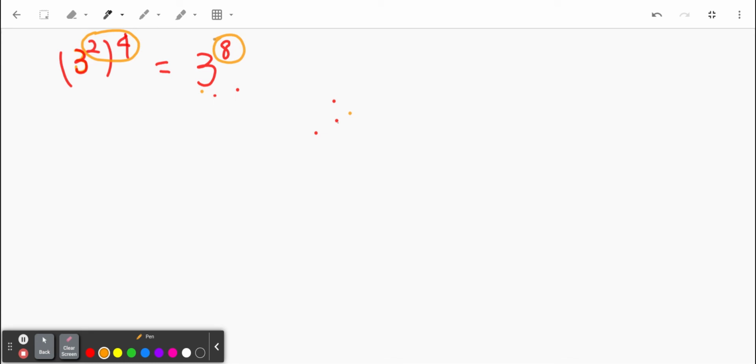Complete this example of products of power that have the same base and the same exponents. 5 to the power 8, parentheses 6, is equal to what?